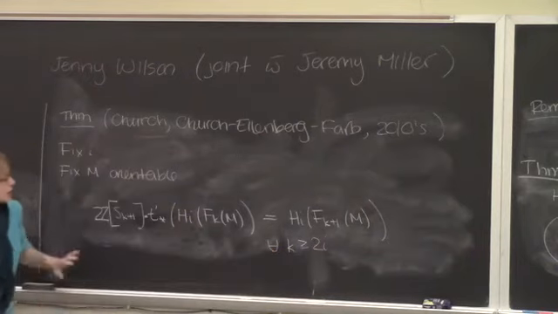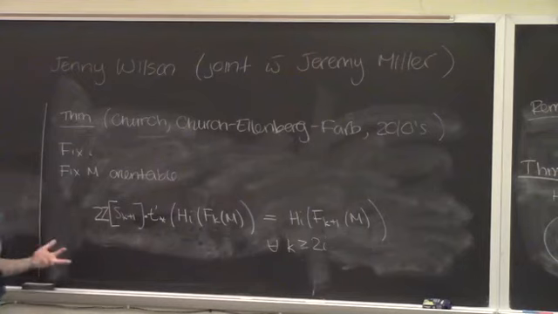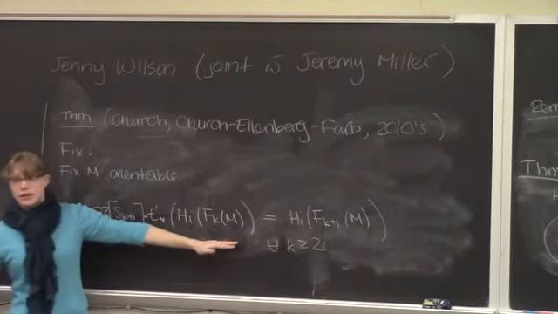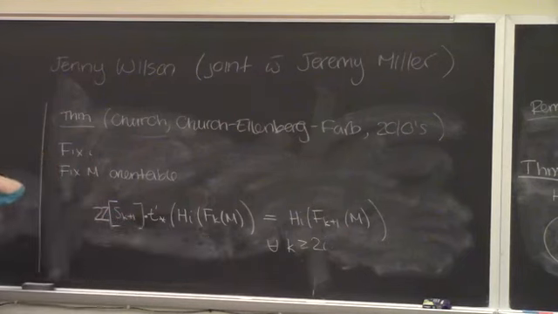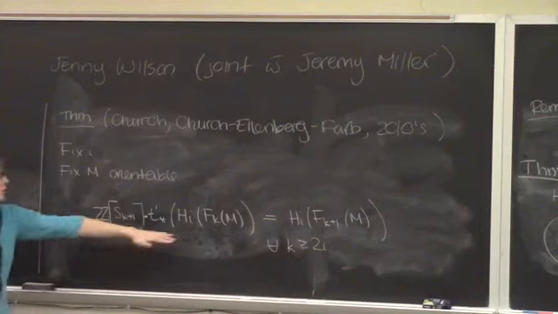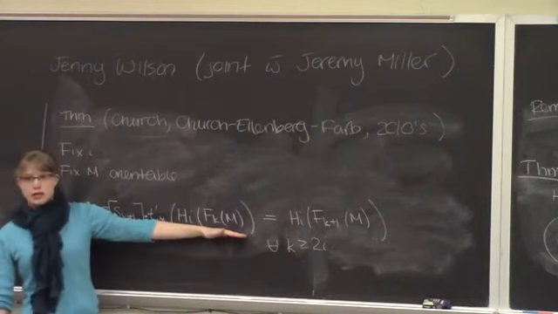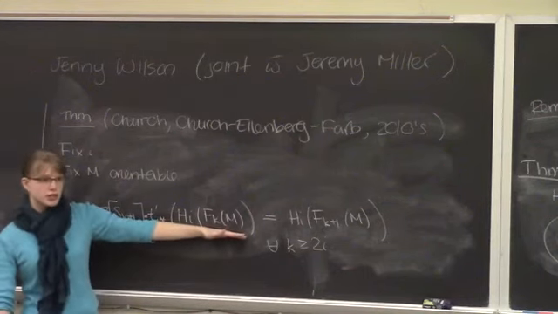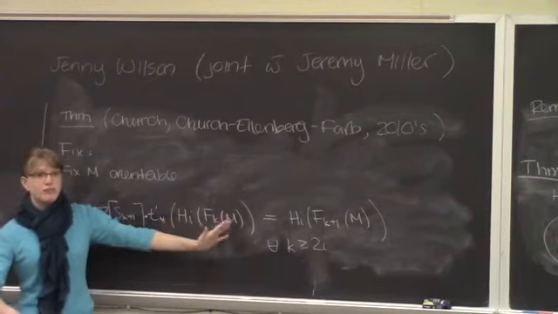But in fact, something stronger is true. There's a strong sense in which this module is free as a module over this category. I guess it's free in some technical sense, that this module is in the image of the adjunction to some free functor, or some forgetful functor rather.